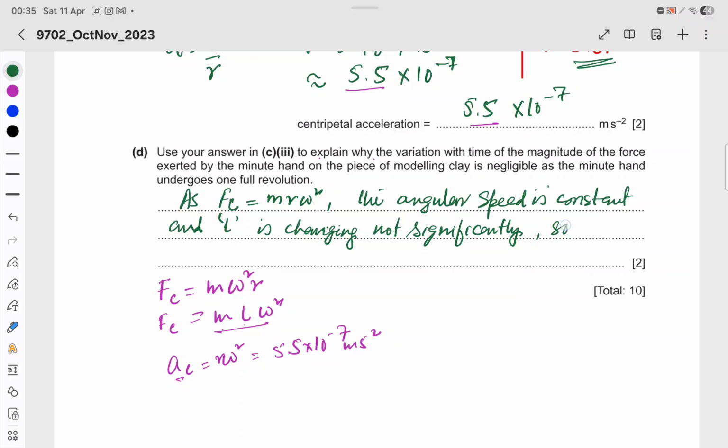So the magnitude, so everything is constant, not changing.